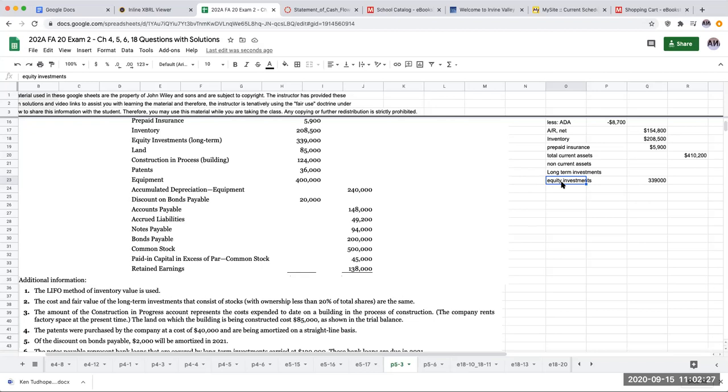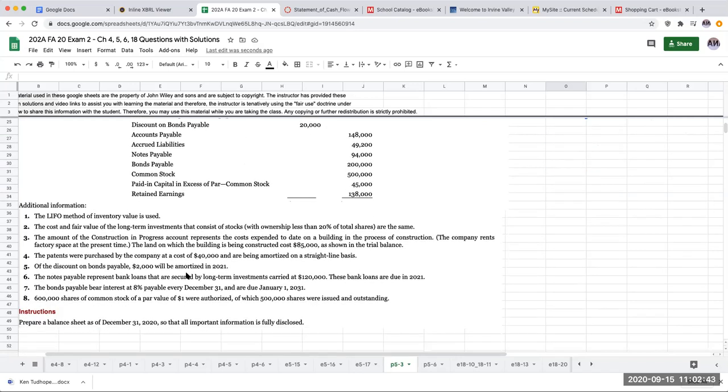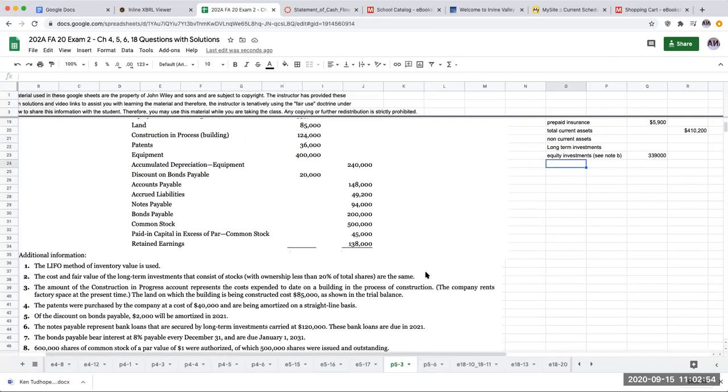So more than likely, I would possibly say see note B, if these are acting as security for this note payable. So I would probably just say notes talking about the securitization.